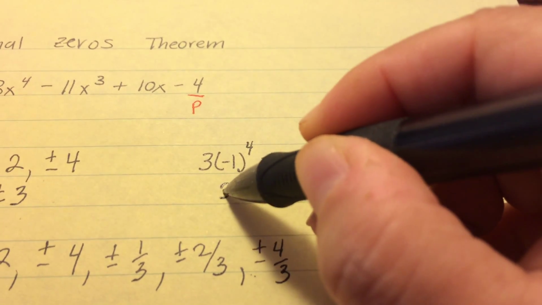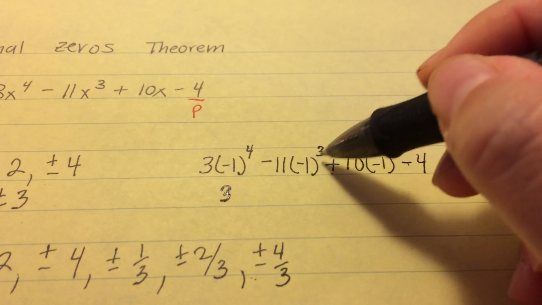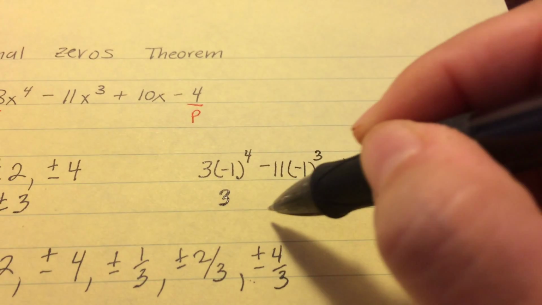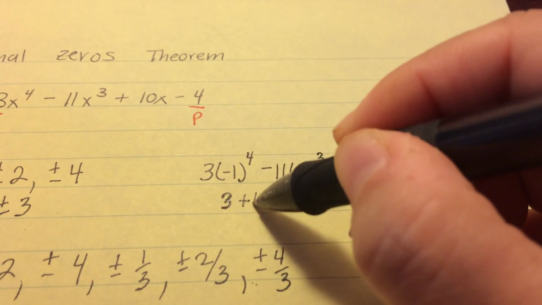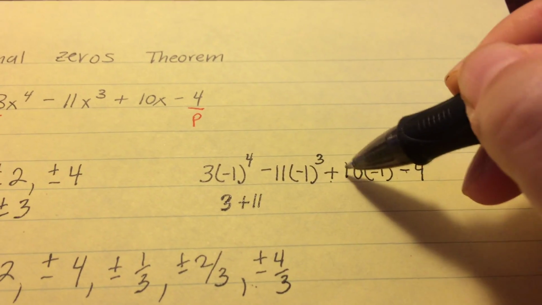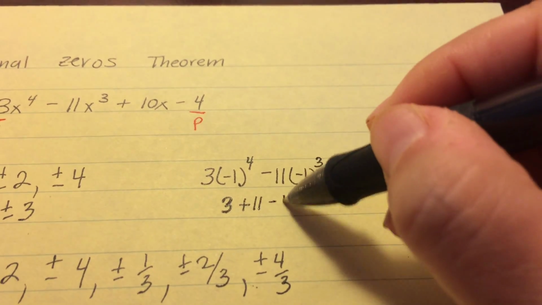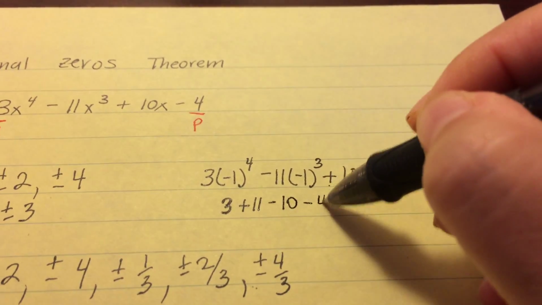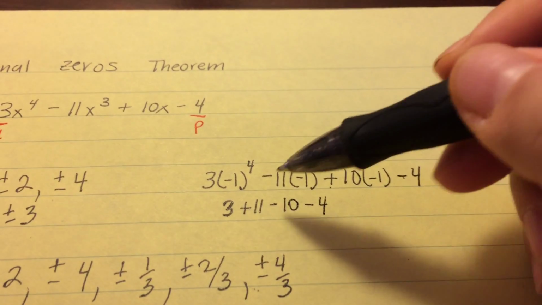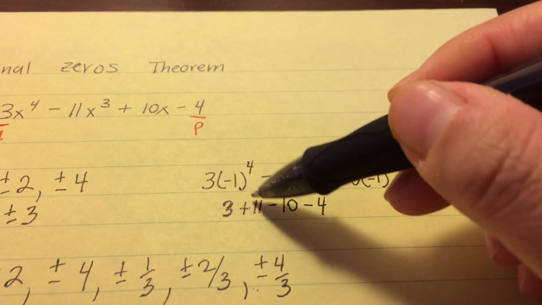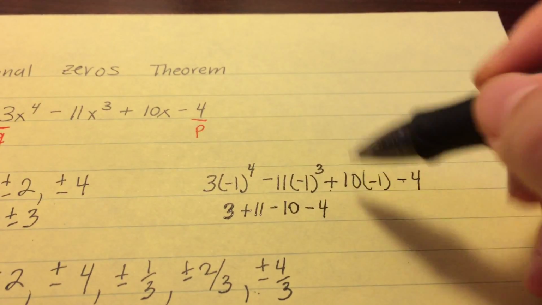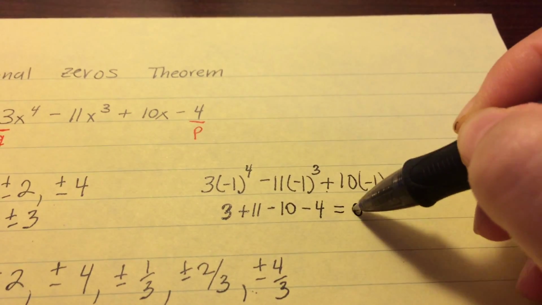Then I have negative times -11, which becomes +11 right there. This becomes -10, and -4. So if I add that up, this becomes 14 and this is -14. Perfect. It comes out to 0, so it's a root.